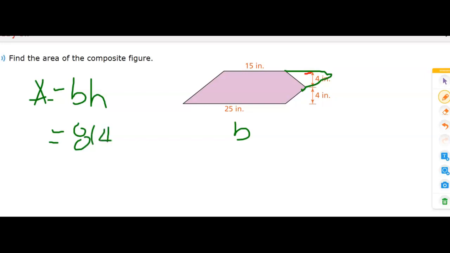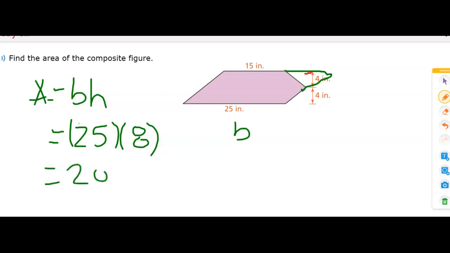I didn't write it in the right order, so let me just write it in the right order so I'm not confusing anyone. Okay, so the base is 25 times the height of 8. And so 25 times 8 is 200. So that'll be 200 for the parallelogram.